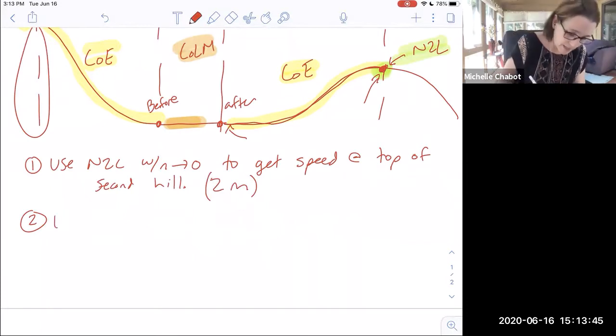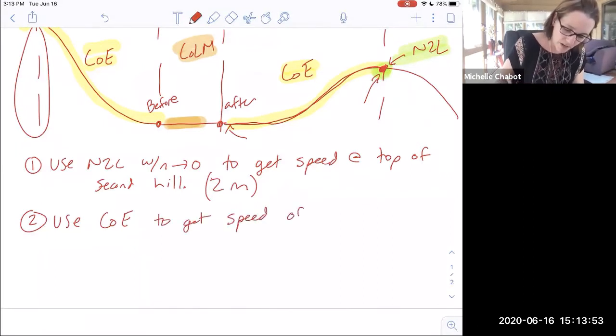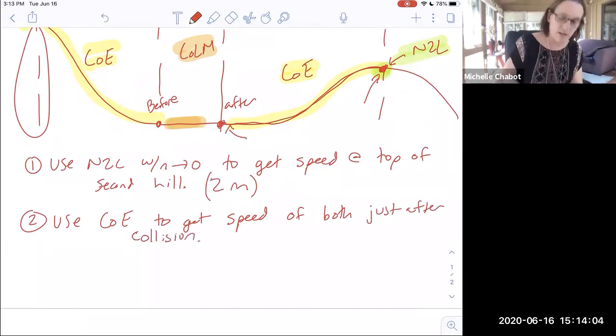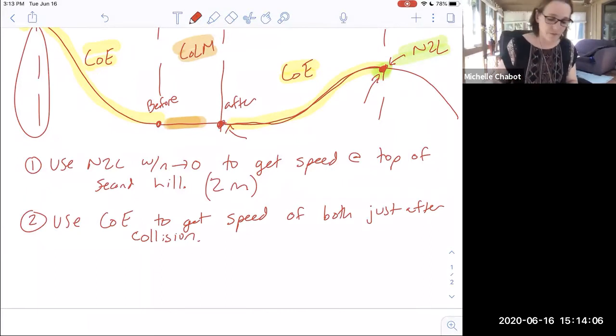So I'm going to use conservation of energy to get the speed of both blocks just after the collision. So that's going to be that point marked after.